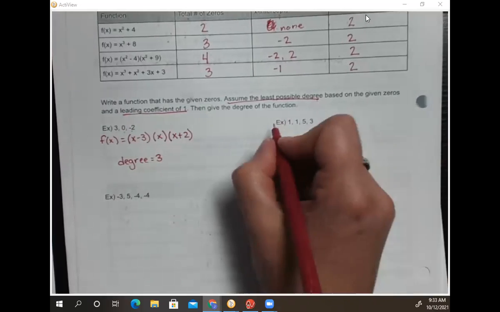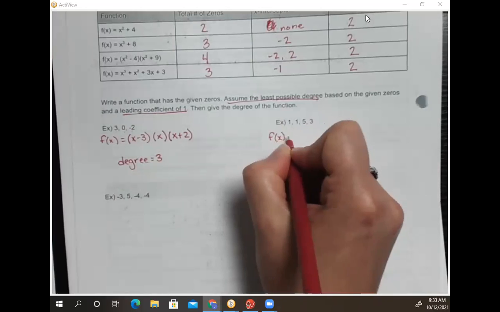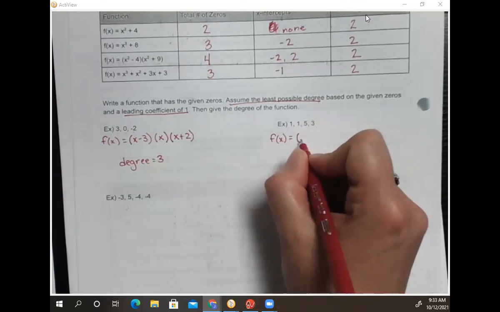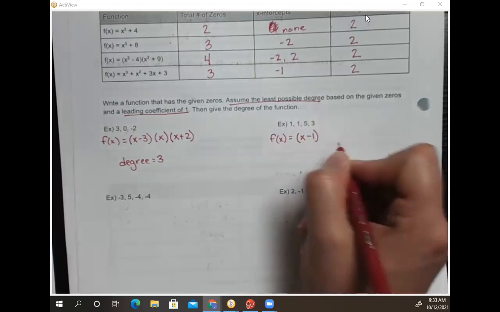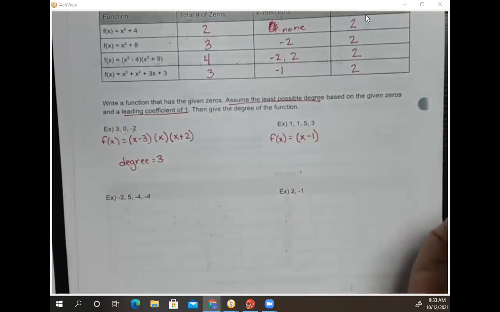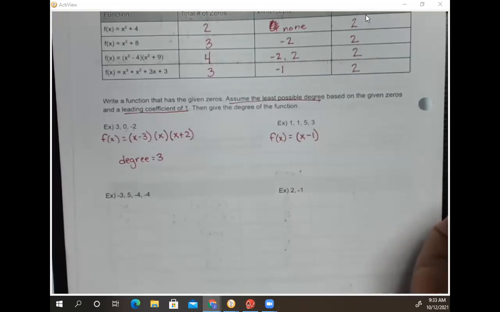Let's try our second example here. F of x equals, I've got 1, so that had to come from x minus 1. And then I've got 1 listed again. Yeah, we can just square it.